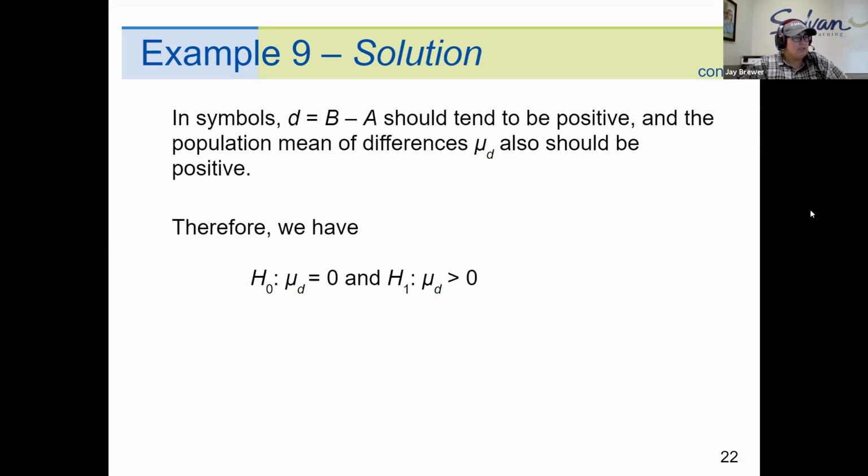In symbols, D equals B minus A should tend to be positive, and the population mean of the differences, mu sub D, also should be positive. Therefore, we have the null hypothesis mu sub D equals 0, and the alternate hypothesis mu sub D greater than 0.